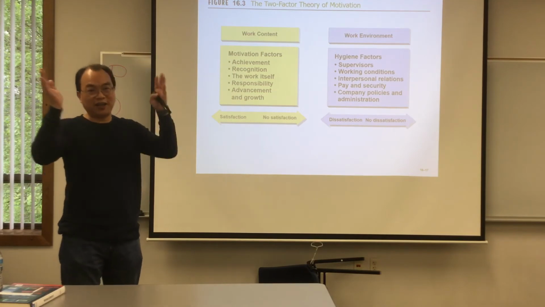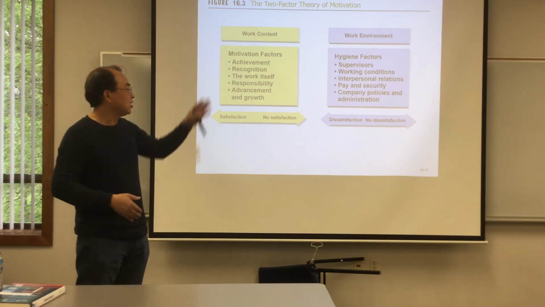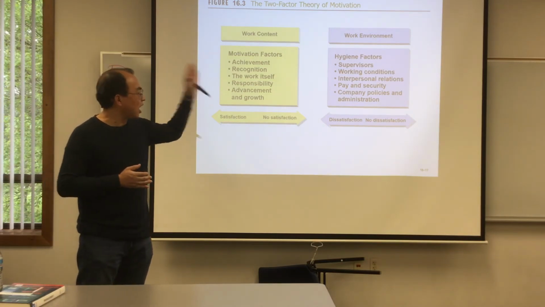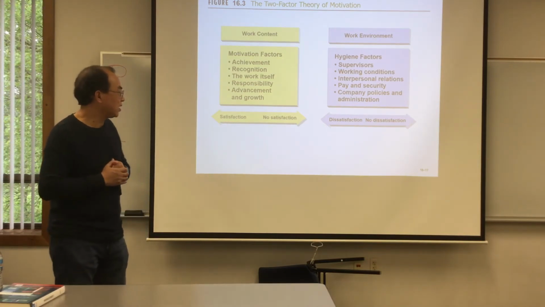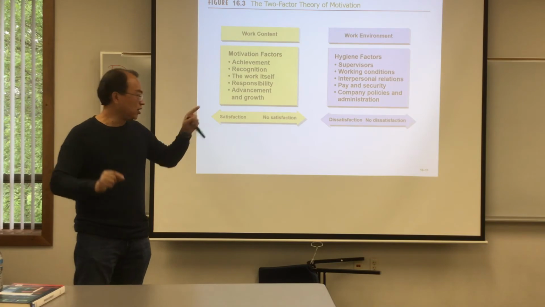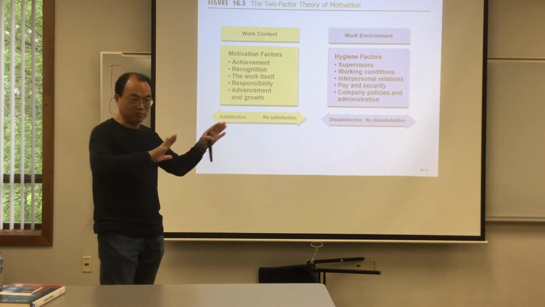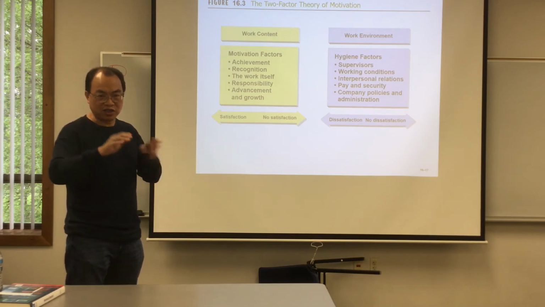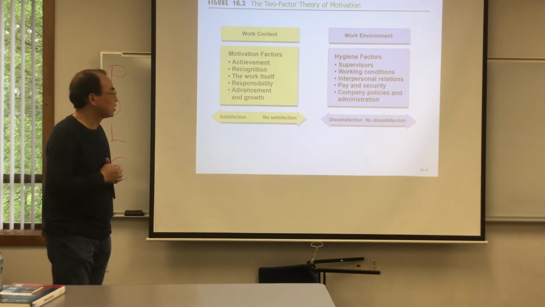Does the company give you holidays? So a lot of things affect the working environment. That's the hygiene factors, and this also could lead to the results of satisfaction or dissatisfaction.